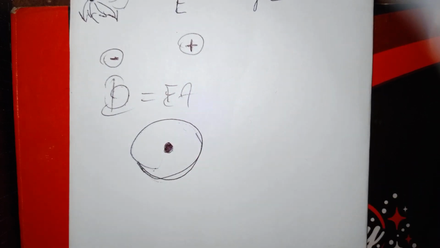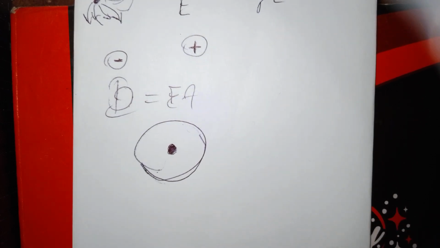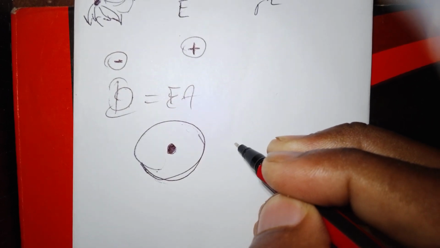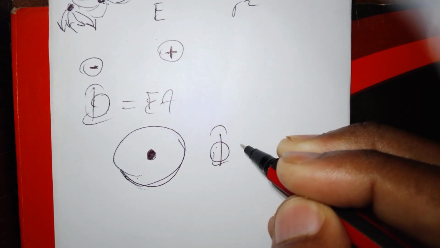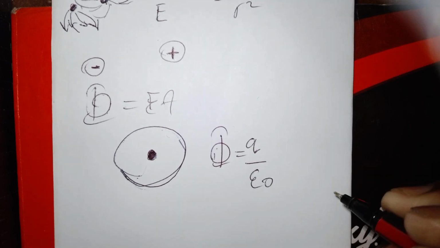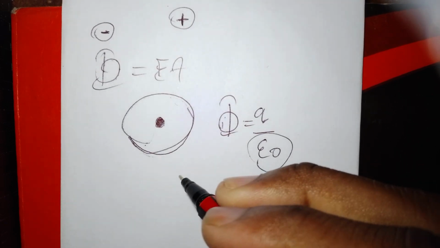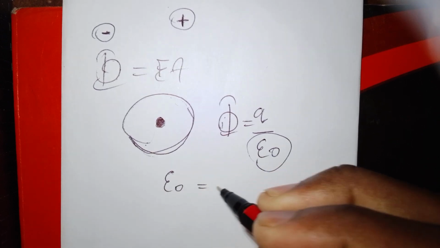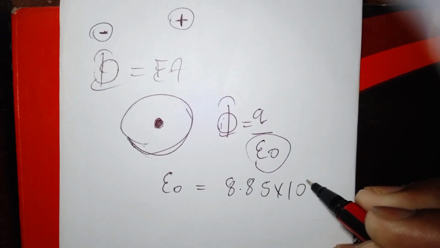For any closed surface, the electric flux is given by the following formula: Q over epsilon naught, where epsilon naught is a constant given by 8.85 times 10 to the power negative 12.